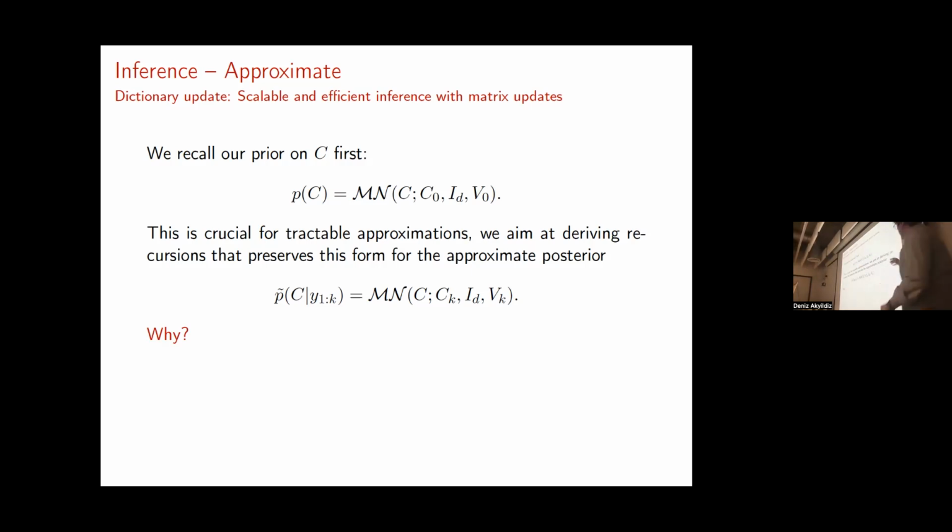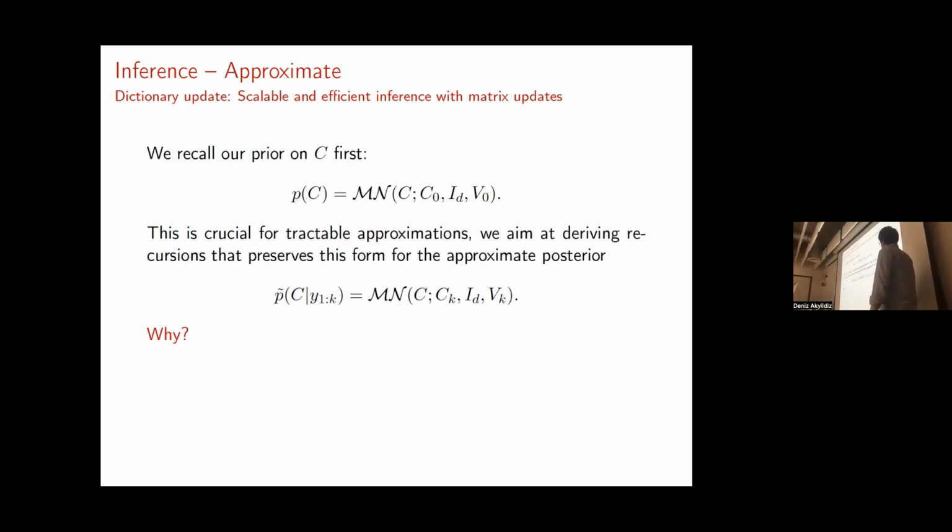So what we want to do is preserve a form like this. We assumed initially this is the row covariance, D times D, and this is the column covariance, R by R. R is quite low, a quite small number, maybe 10, 40, 100 at most.